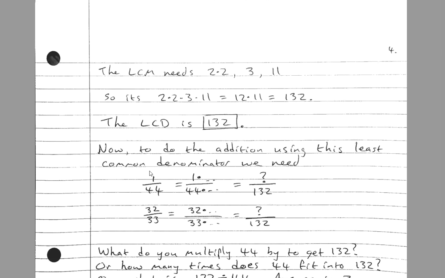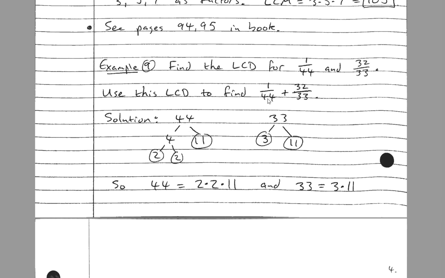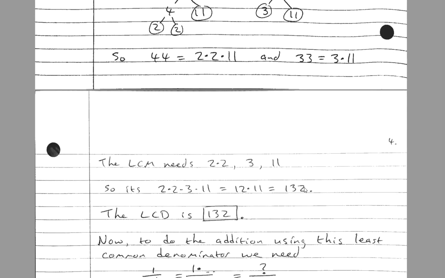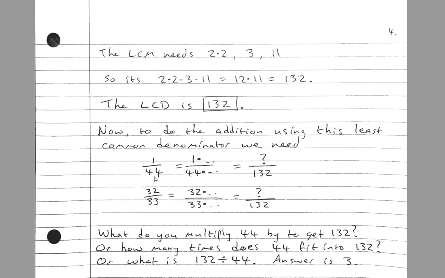So the idea is now we want to rewrite these two fractions. To do this addition, we want to replace 44 and 33 by this least common denominator. So the question is, what do you have to multiply 44 by to get 132?